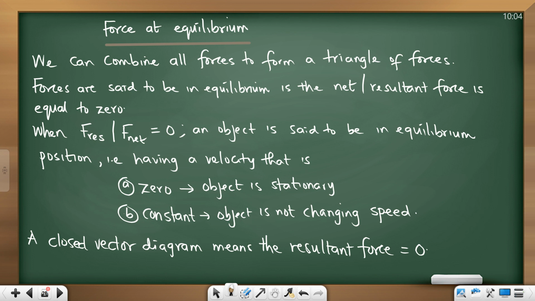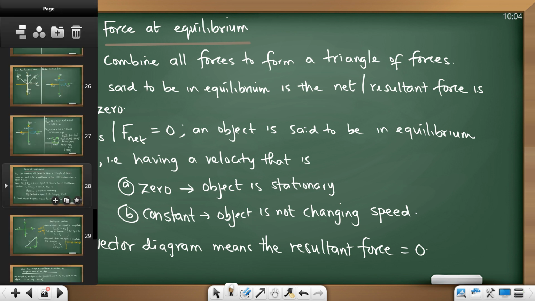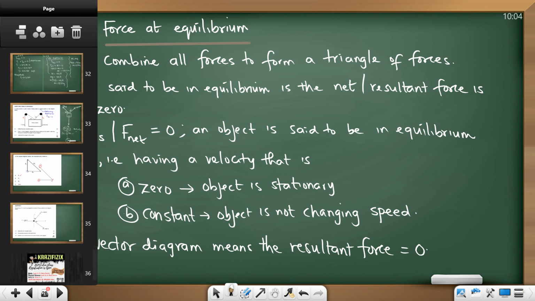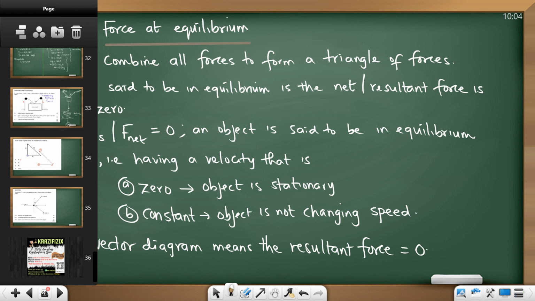Once you have a resultant force that is equal to 0, it means that we can have this as a closed vector diagram.